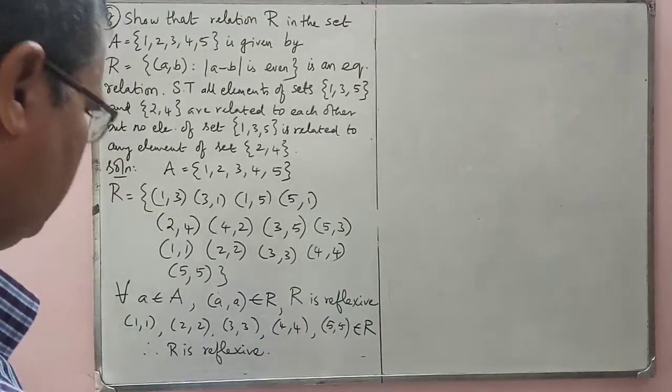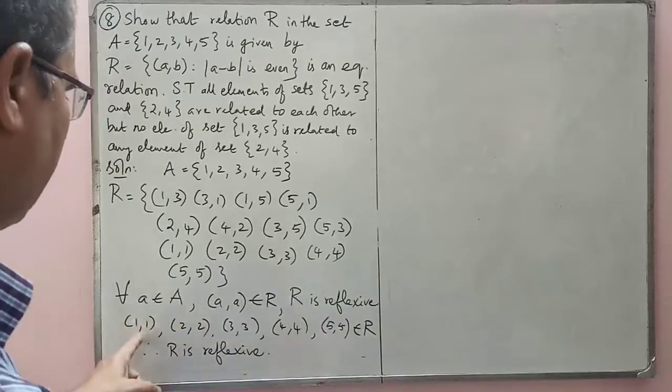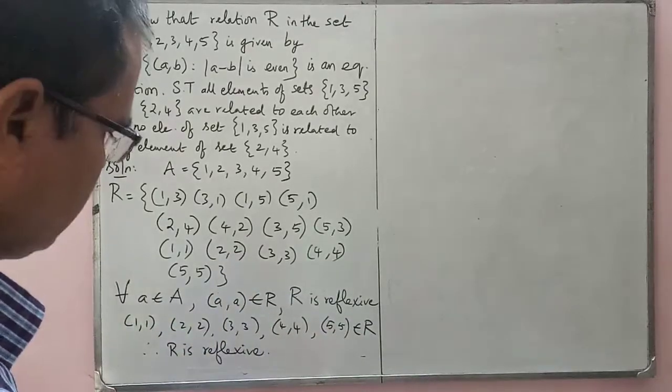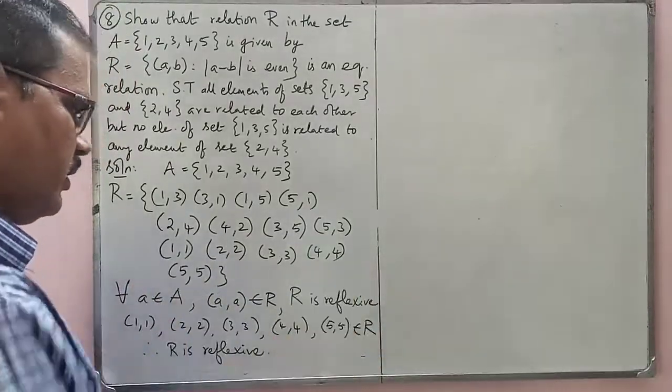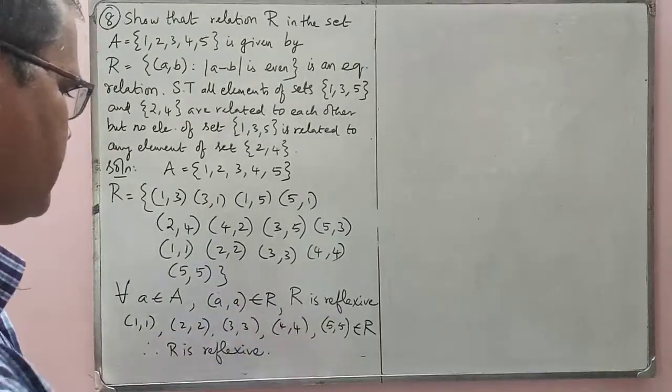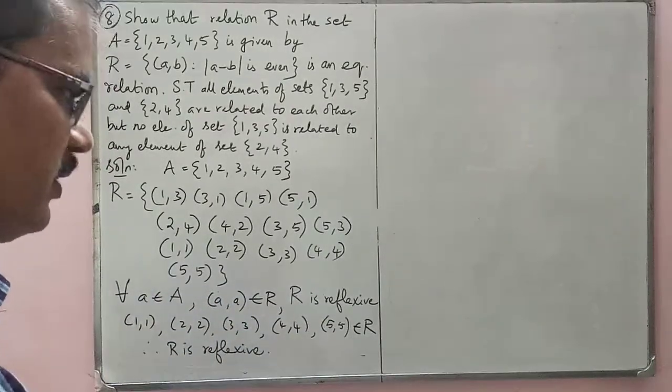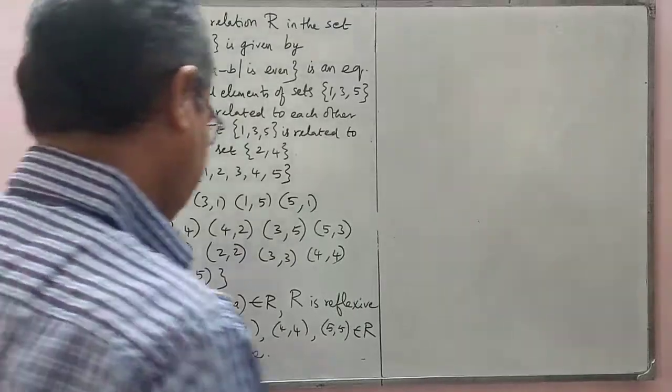Individually you can write belongs to R, belongs to R, like that, or generally you can write (a, a) belongs to R, so R is reflexive. They will accept whatever way you write.